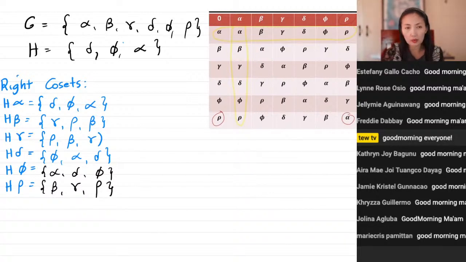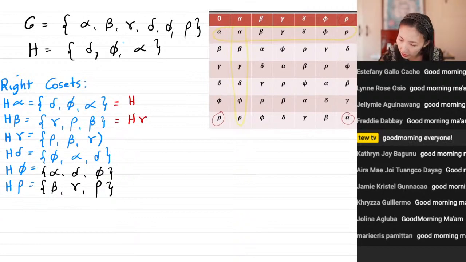Are there equal cosets? From here, I could mark out, this is in fact equal to your H. H beta is equal to, look at the elements, the two are equal, yes? H beta and H gamma.